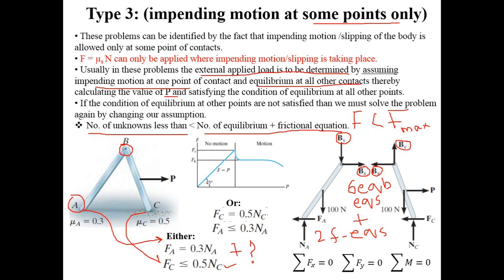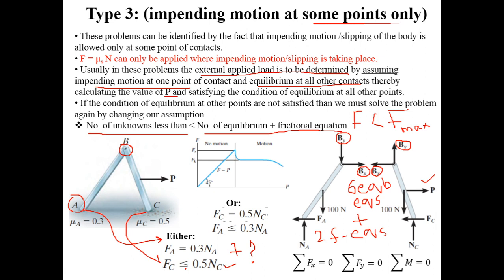And by assuming these values, you calculate a value of P in your problem. And if this inequality is satisfied, then you do not need to repeat your solution again.